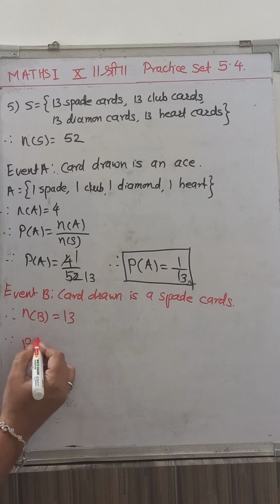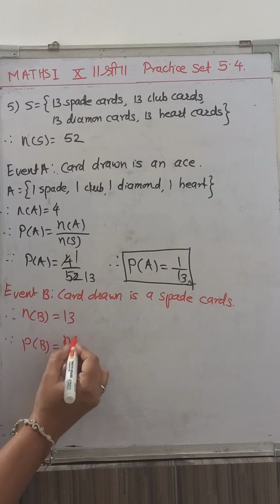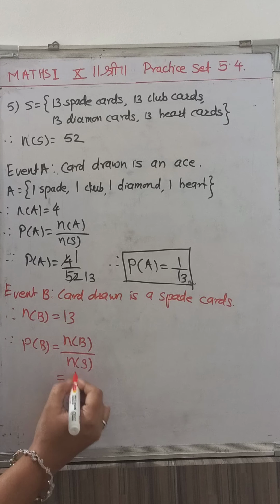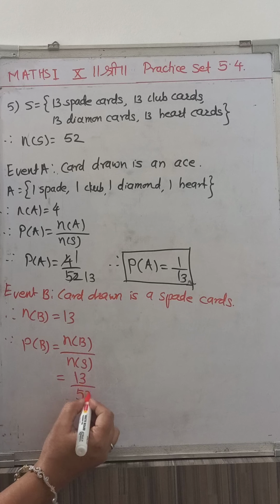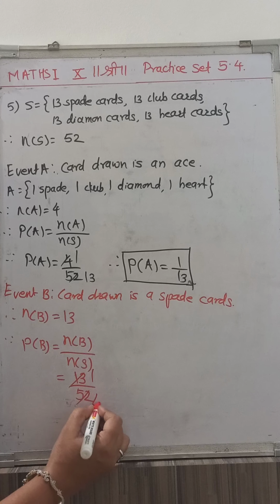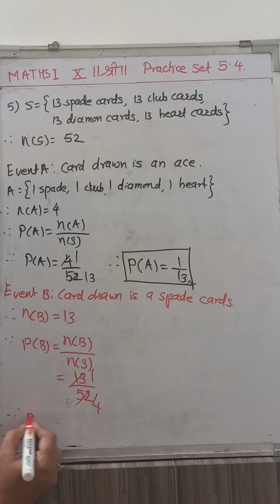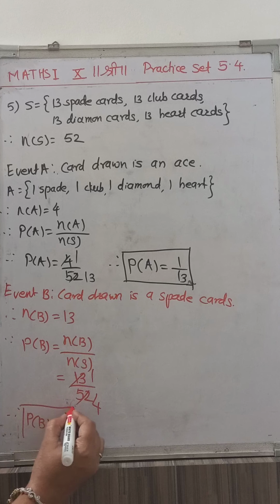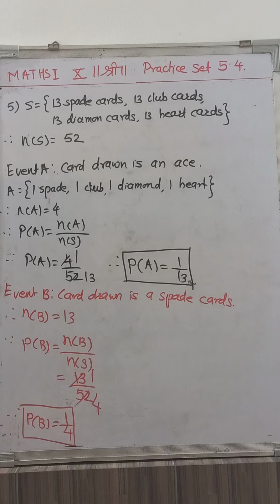Therefore P of B is equal to n of B upon n of S. That is equal to 13 upon 52. 13 1s are 13, 13 4s are 52, and therefore probability of event B is 1 upon 4. And in this way practice set 5.4 is completed.